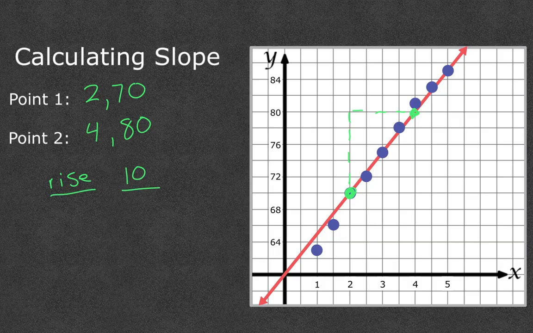Our run, our horizontal direction, is going from 2 to 4, so that's going to be 2. And our slope, or our m value, is going to be 5, which means that every extra hour of studying increases your score by 5 points.